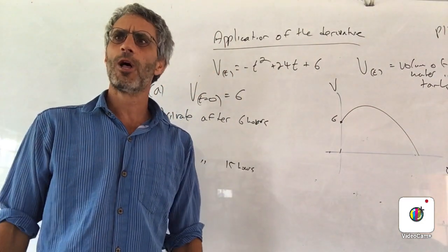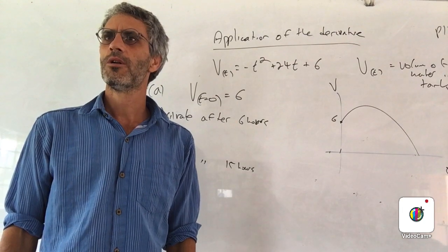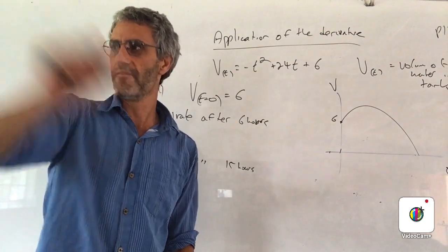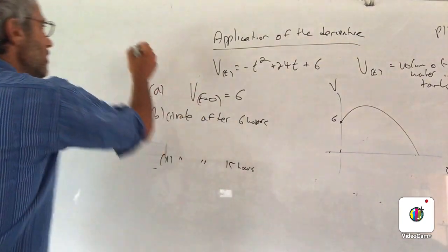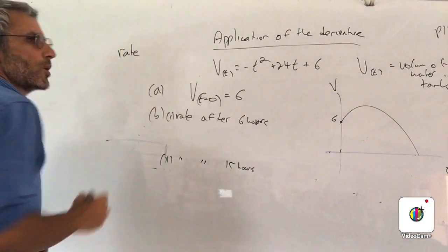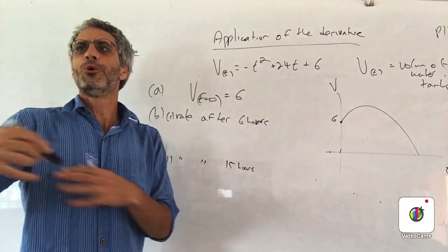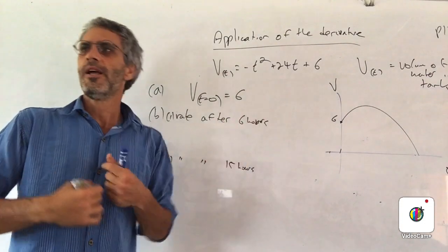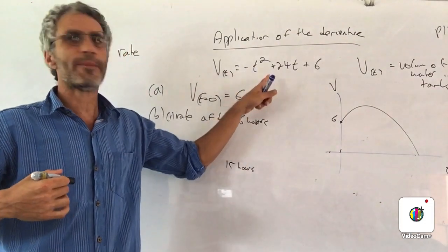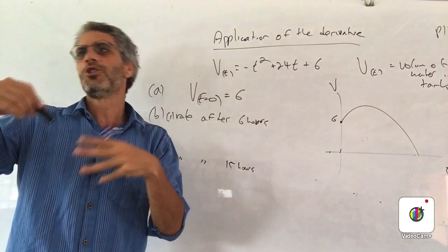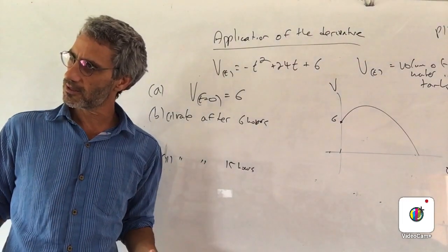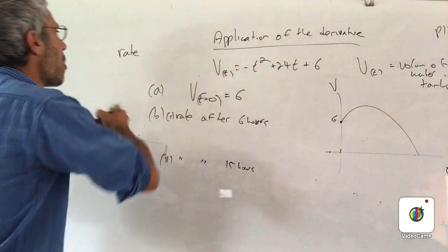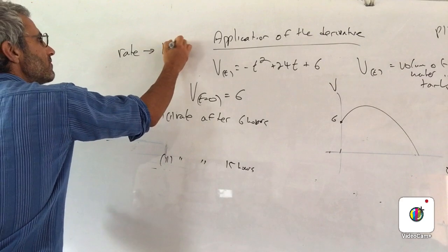How do you calculate rate of change? Gradient, derivative. Rate, brilliant. Rate basically means how much water per second, in this case. If I have a displacement time graph, it will be how much displacement per second, in other words, velocity. So rate is always the first derivative.